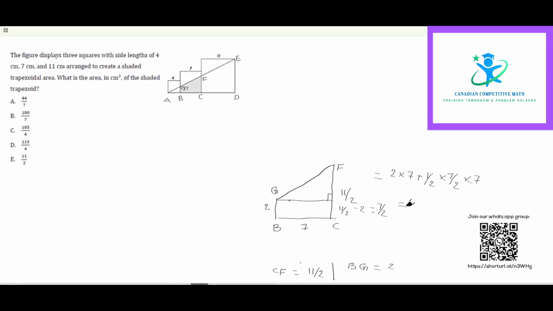So this will be equal to 14 plus 49 by 4, which is 56 plus 49 by 4, which is equal to 105 by 4. So the answer is D.